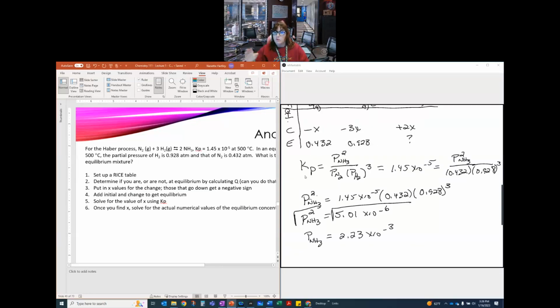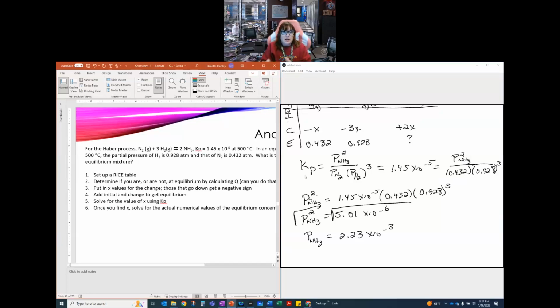I didn't need the initial concentrations to be able to solve for what I was looking for, because what I was looking for was based on the equilibrium concentrations. I know that the equilibrium concentrations of 0.432 and 0.928 are equilibrium values. So whatever I started with minus the x gives me 0.432.